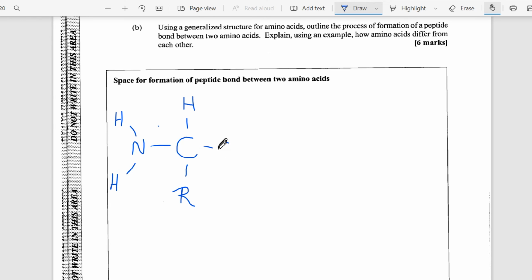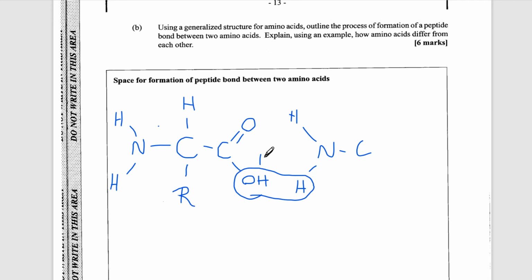So this would be C, oxygen, and OH here. And if you were to do this again over here, basically the same thing, and I just draw in one part of the second amino acid, but you'll notice here when this combines, well, this is H2O, and this here would be a condensation reaction.